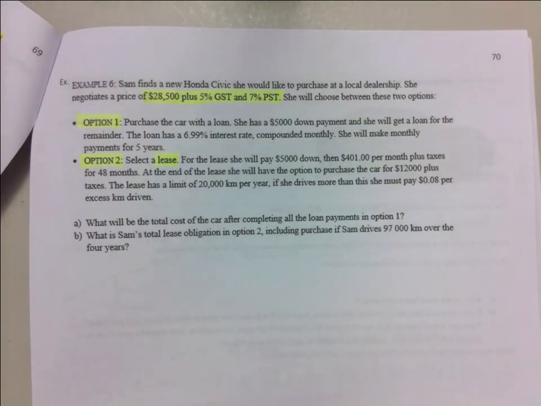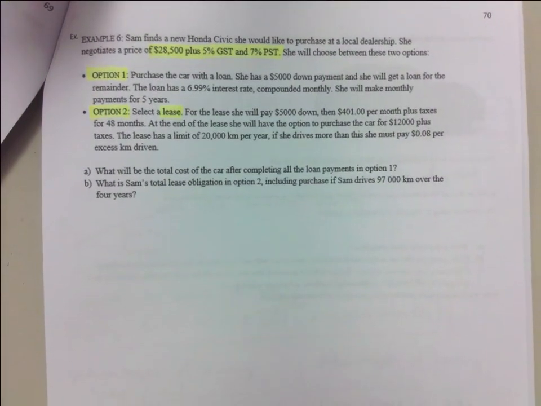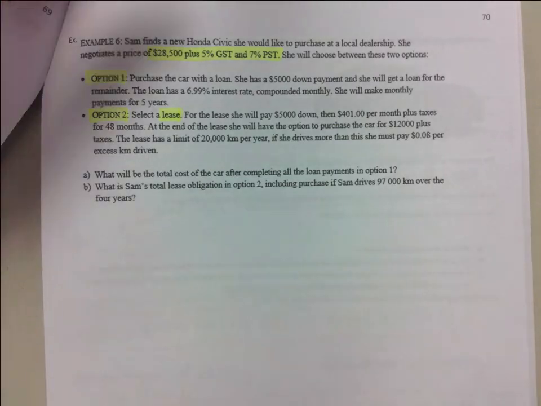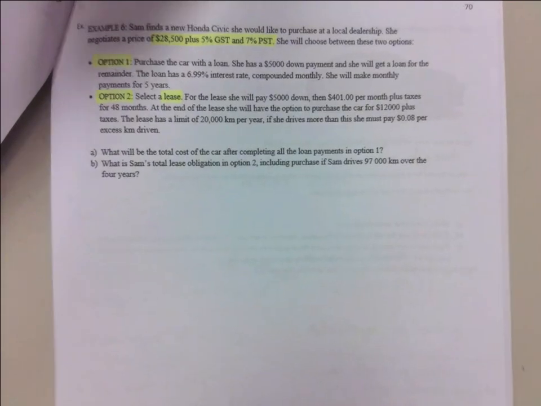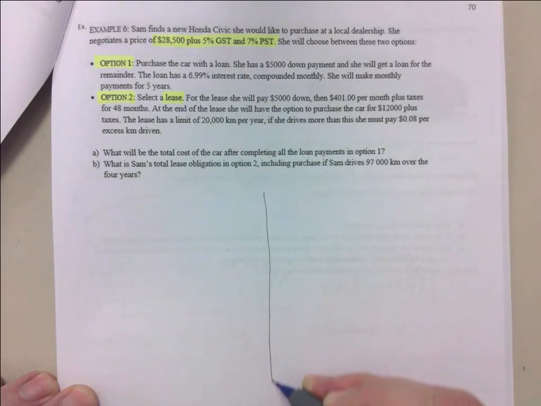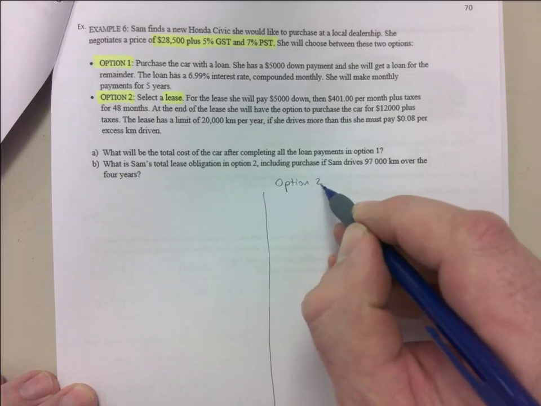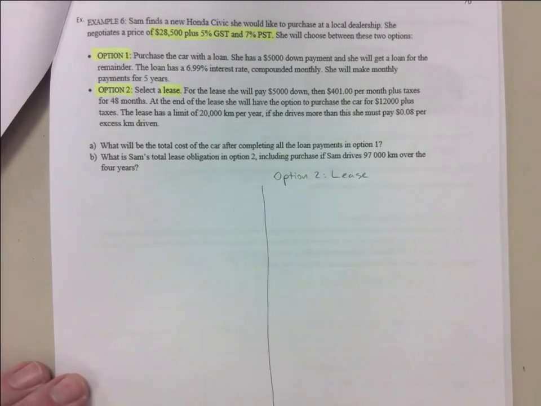So let's see here. Let's do option 2 on the right side, and then option 1, because it's a loan, we know how to do the TVM solver. So I'll put this here. There's your lease.